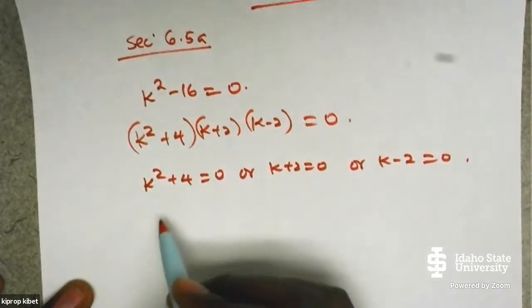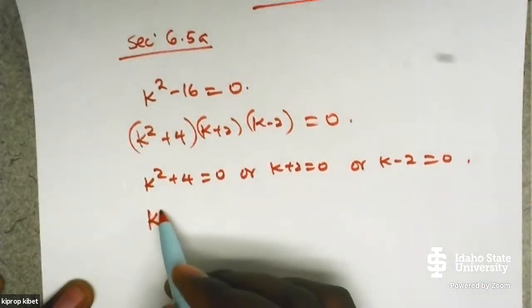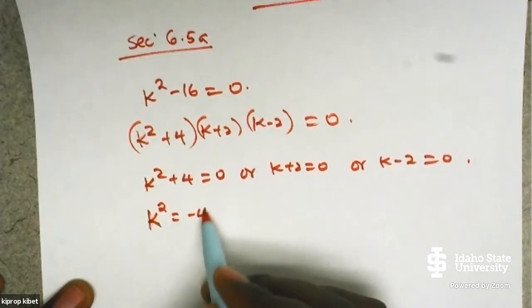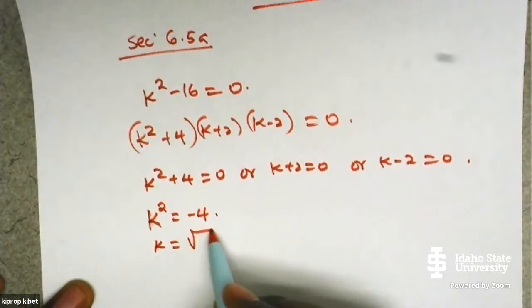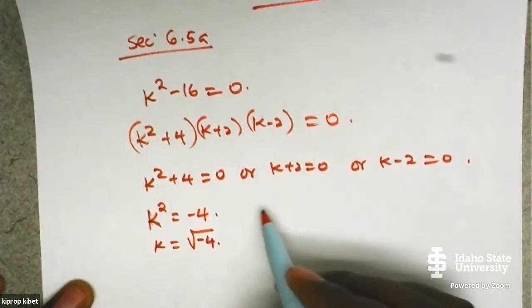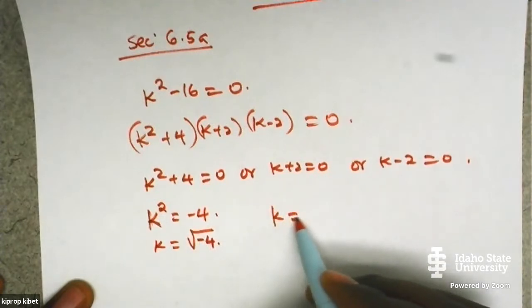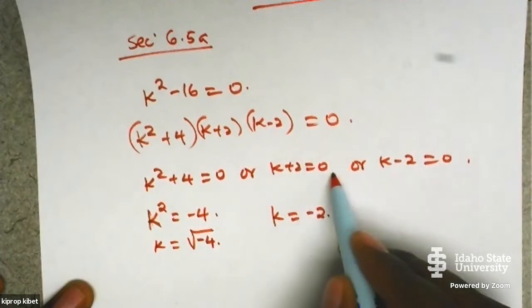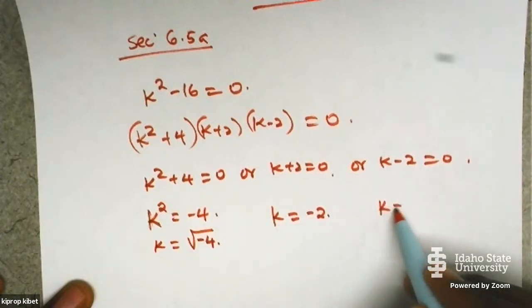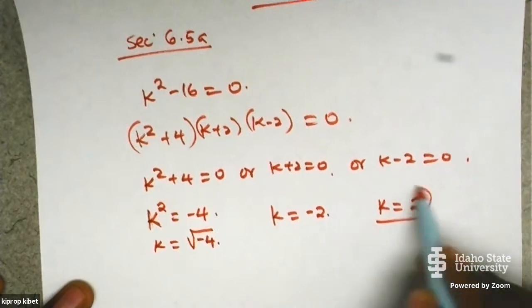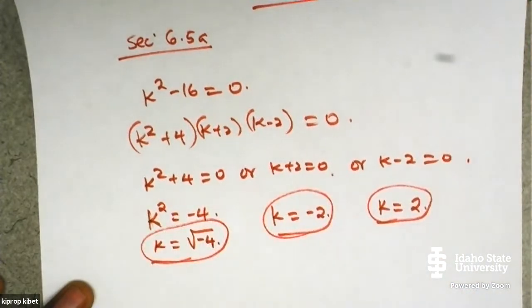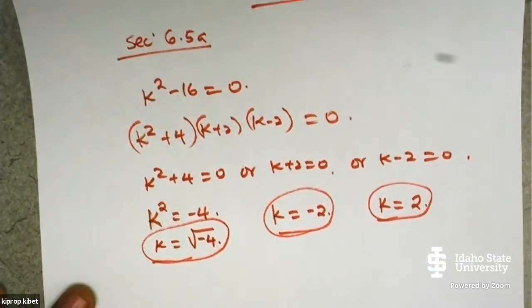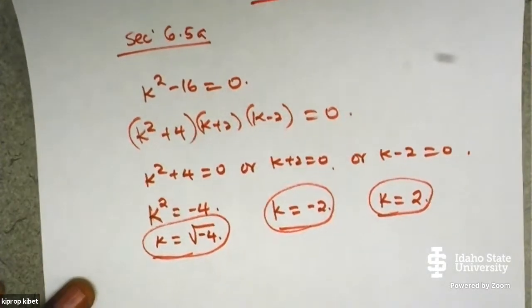Our k squared equals minus 4, and our k here is the square root of minus 4. Or our k equals what? Minus 2. We take this one to the other side. Or our k equals what? 2. So those are the values of k.